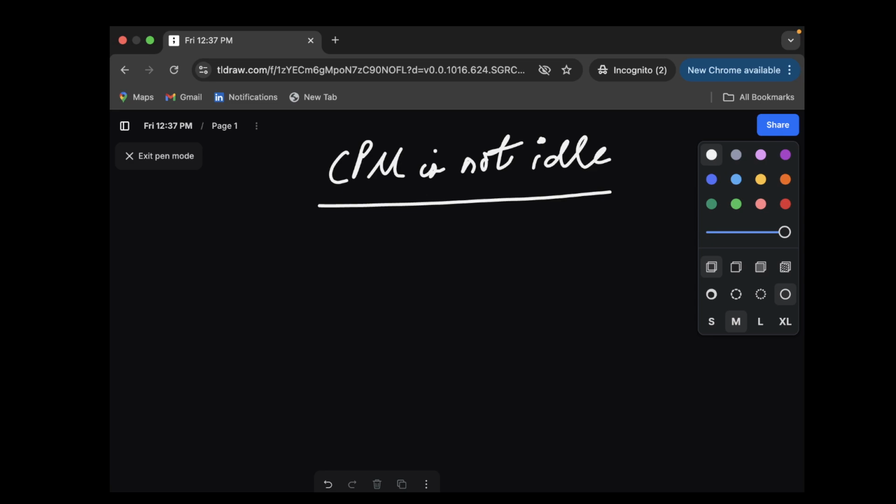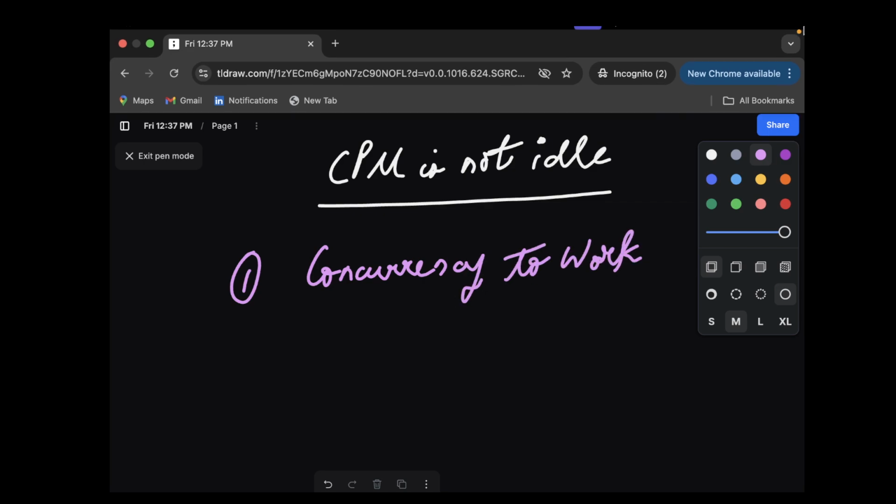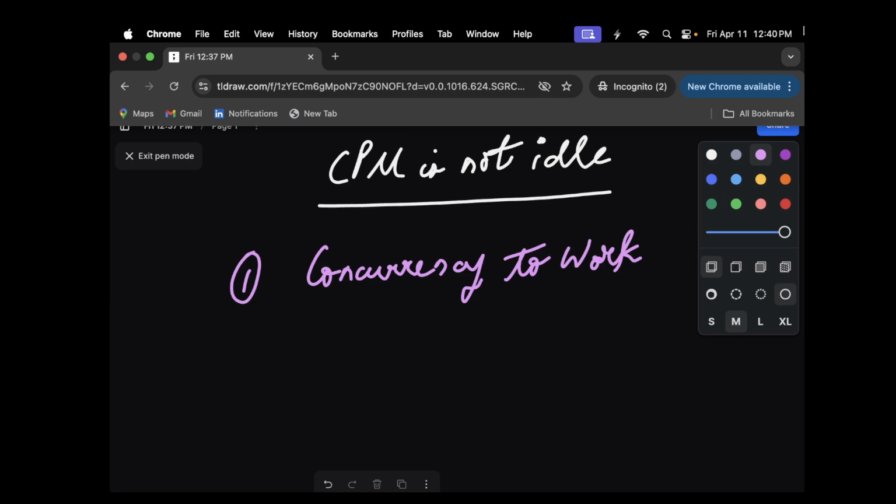But with the advent of technology, we also want concurrency to be achieved. That means we are capable of having multiple things running at a similar time, even when we have a single process, right?